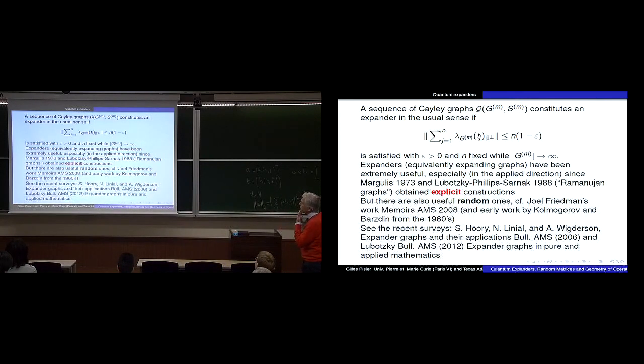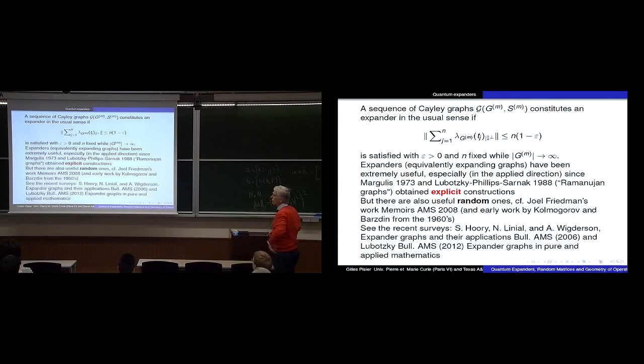Let me just here insert a little bit of background for those of you who haven't heard of expanders. It's a notion that's been found tremendously useful for actual applications of mathematics. Well, the history is a bit complicated now, but essentially it appeared in the first explicit examples of the kind that is here.